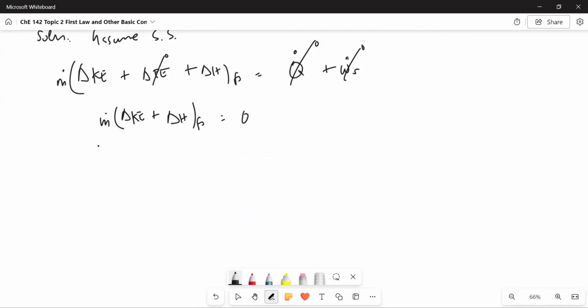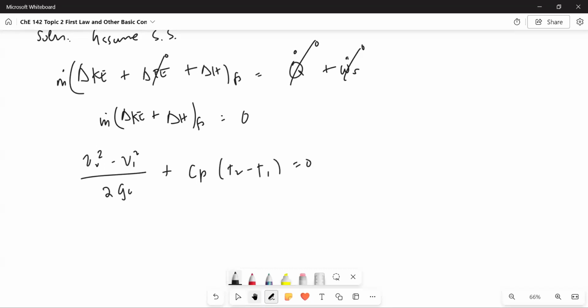Expanding delta KE and delta H: this is V2 squared minus V1 squared over 2 GC, where GC is a constant, and delta H is CP dT, so T2 minus T1, equal to 0.